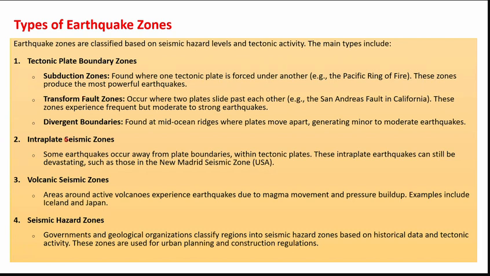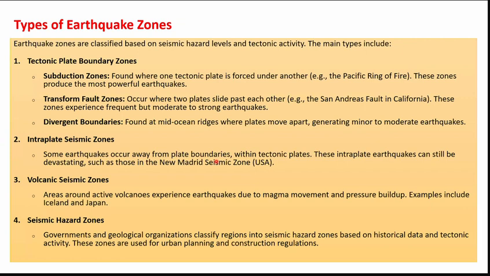Now, there's the intraplate seismic zone too. Okay, maybe I'm too fast. Intraplate seismic zones: some earthquakes occur away from plate boundaries.